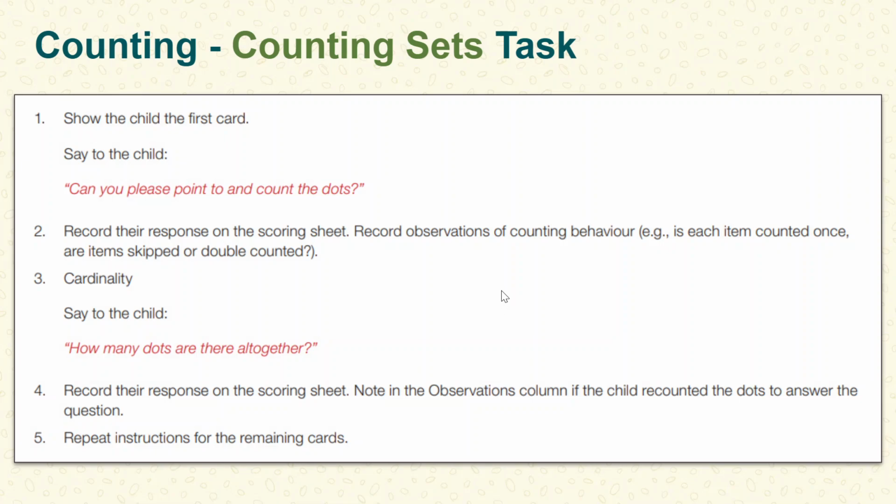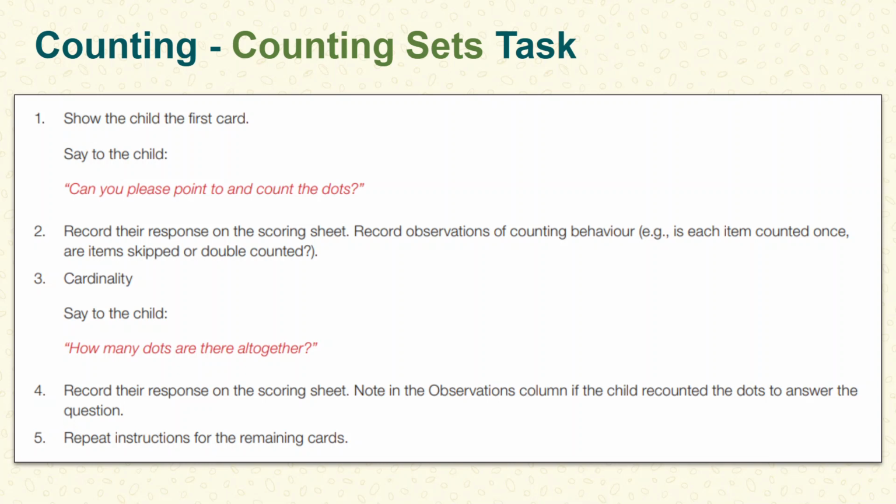So, how does this task work? We are going to be looking at 2 of those key principles of counting, which would be the one-to-one correspondence and cardinality. In the first part, you're going to show the child the first dot card, and you will say, "Can you please point to and count the dots?"